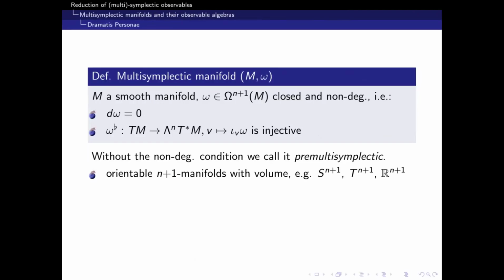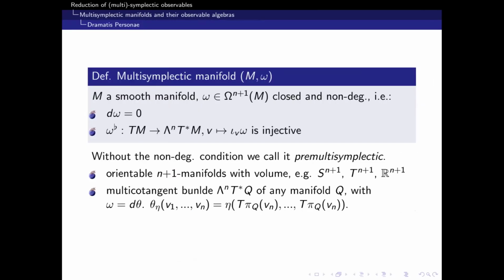Again, quickly going through a list of examples. The same way oriented two-manifolds are symplectic, any orientable manifold is multisymplectic when equipped with a volume form. The volume form case is a case where injectivity of omega flat is the same thing as surjectivity, and symplectic and volume are the only two cases where this happens.